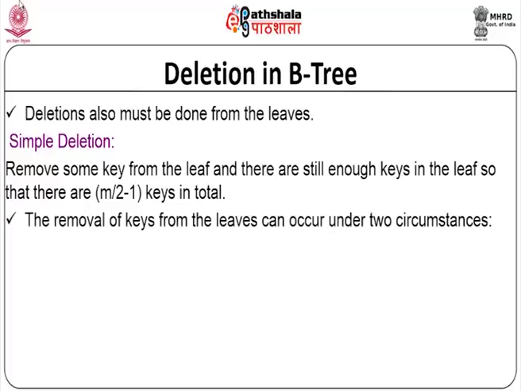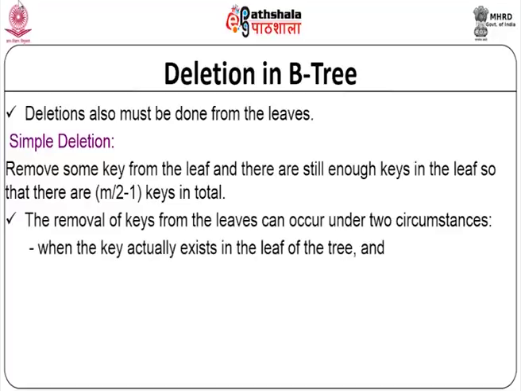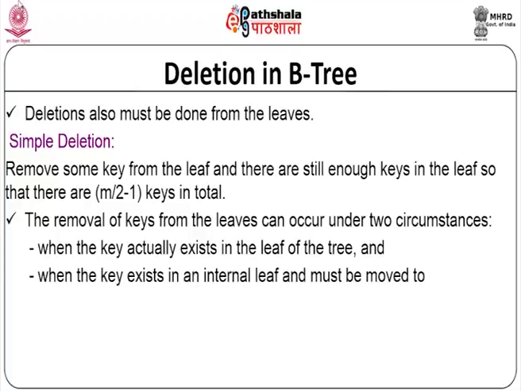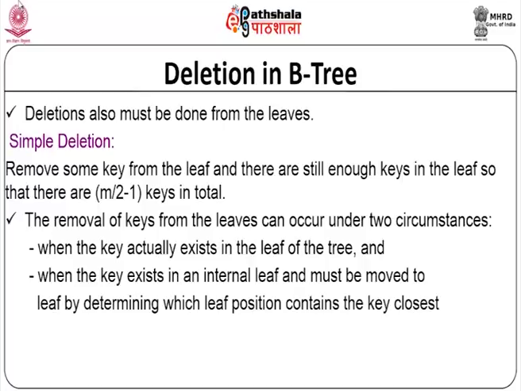Now, the removal of keys from the leaves can occur under two circumstances: when the key actually exists in the leaf of the tree, that is, the leaf itself contains the key, and when the key exists in an internal node and must be moved to the leaf by determining which leaf position contains the key closest to it. So, here there is a slight difference, let us discuss this a little more.